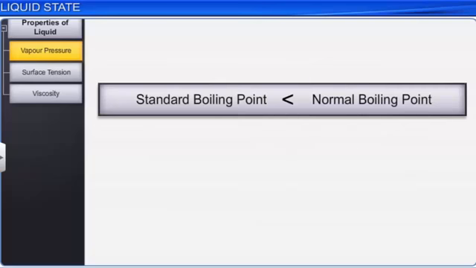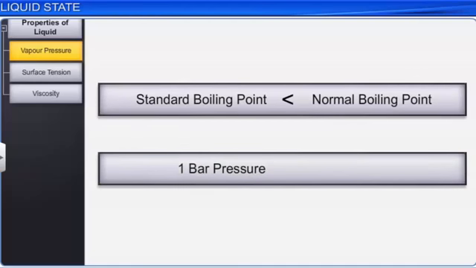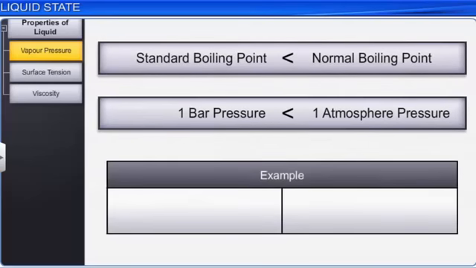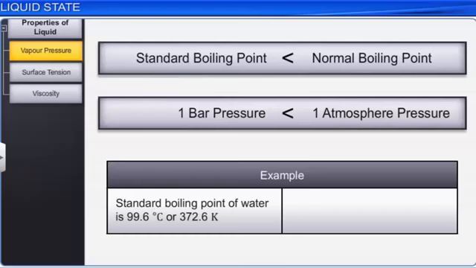For example, the standard boiling point of water is 99.6 degrees Celsius or 372.6 Kelvin. And normal boiling point of water is 100 degrees Celsius or 373 Kelvin.